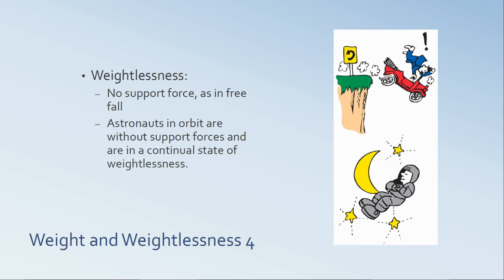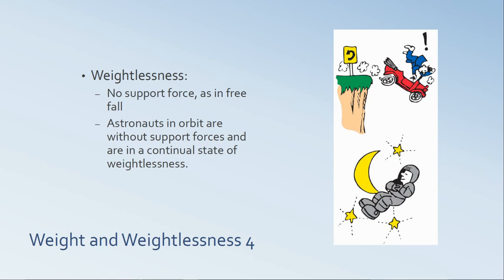I've put a video link on Moodle under resources that shows people riding what's called the Vomit Comet. This is a plane used to train astronauts to get used to weightlessness. The way this plane does this is it takes off, climbs at a steep gradient, and then makes an arc, kind of a parabola.